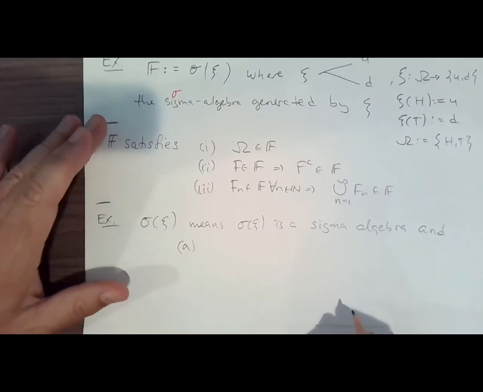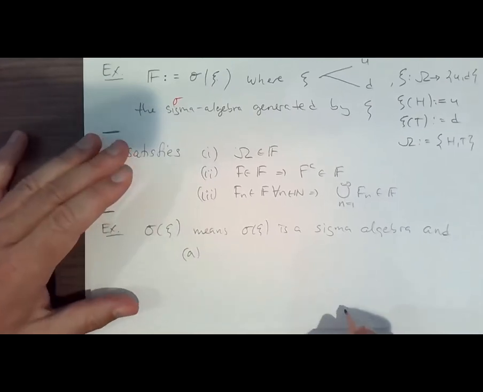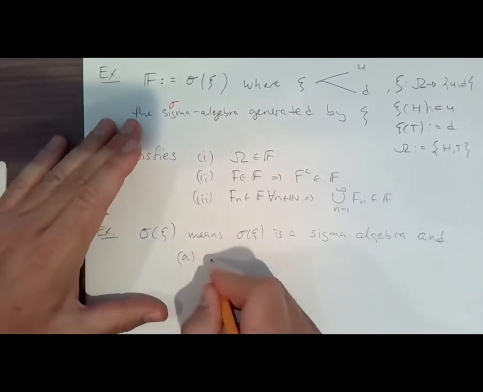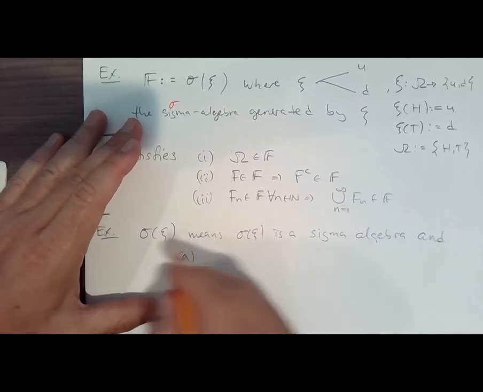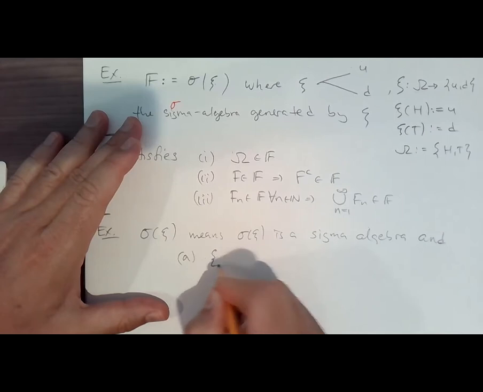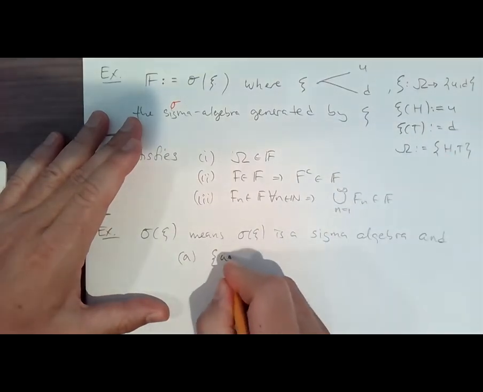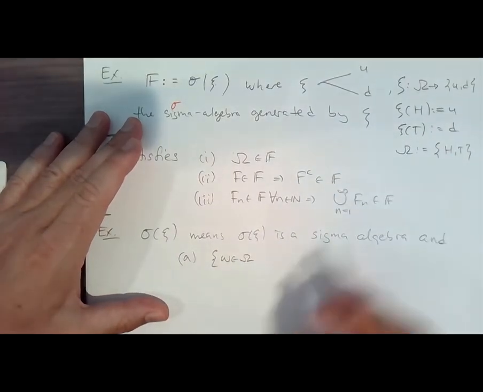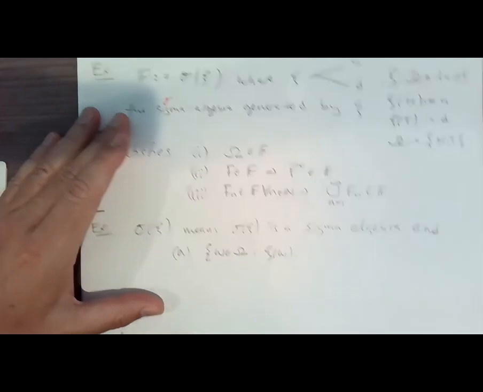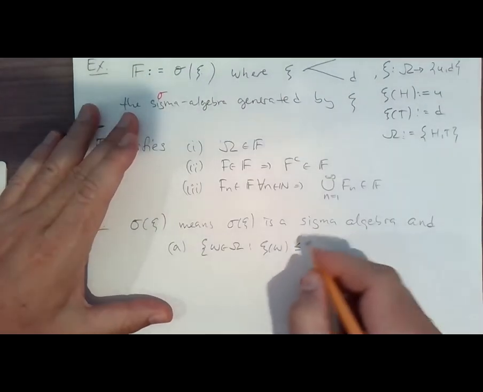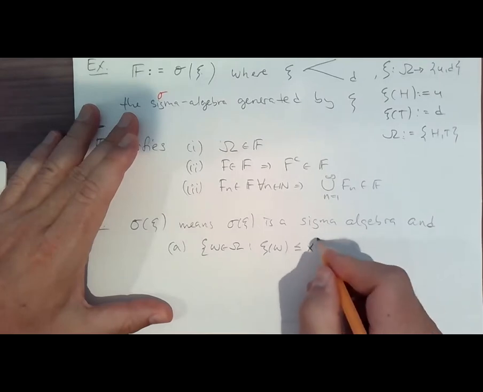We call it A. You have those sets of omegas for which psi of omega is less than a constant, say x.